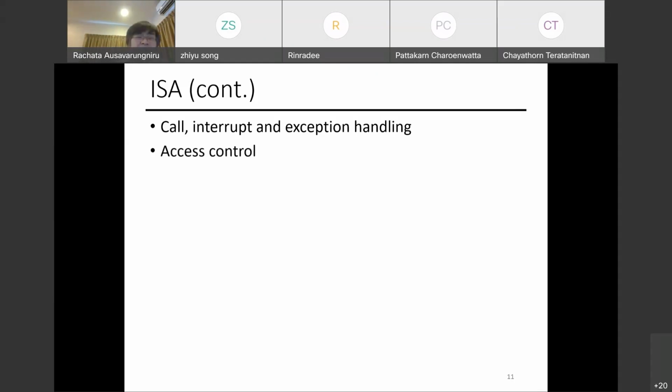The ISA also has to specify access control, the priority and privilege, so that the combination of this and the virtual memory manager can give you that lovely segfault when you program in C. I know we all hate segfault, but it's there to protect the other programs you're running.